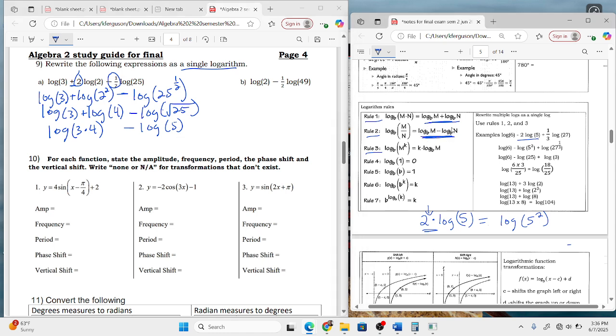Because I've got the one log and then the other log, they're being subtracted. So that's going to be log of 3 times 4 over 5. So that's going to be log of 12 over 5. Okay, there we go. Now I had 3 logs that became 1 log, and that's my answer.